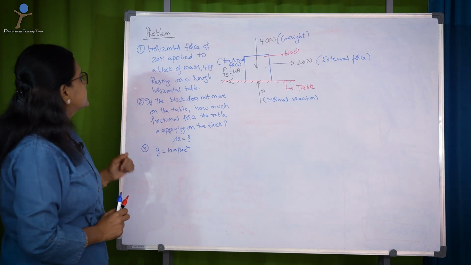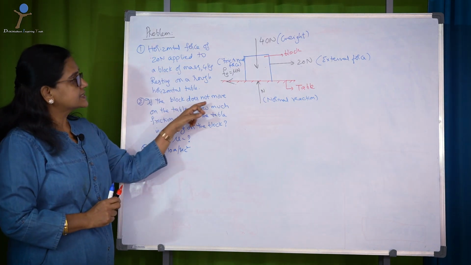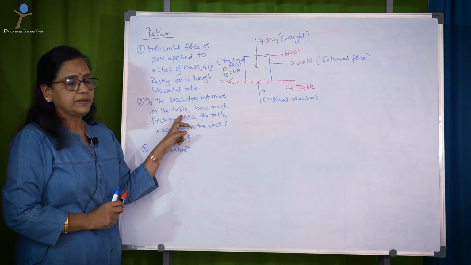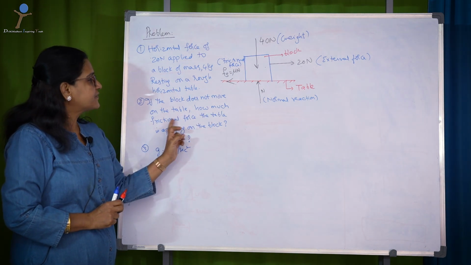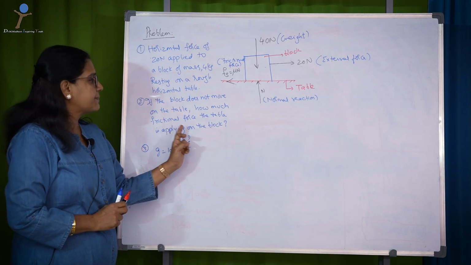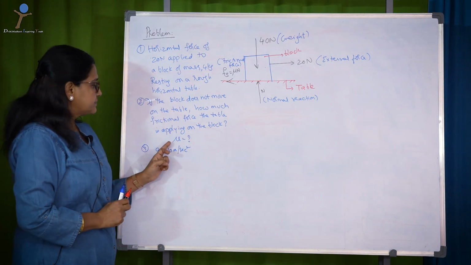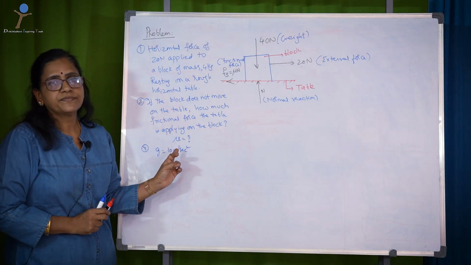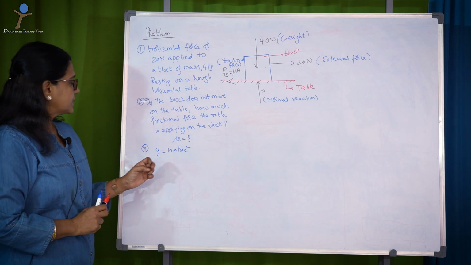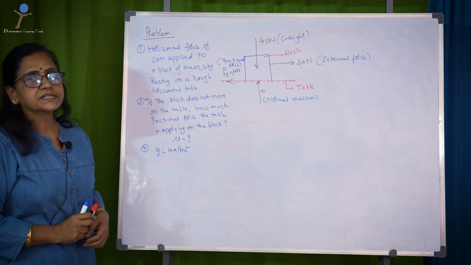Now, the question is, if the block does not move on the table, how much frictional force is the table applying on the block? That means, in other words, calculate the coefficient of friction considering g as 10 meter per second square.